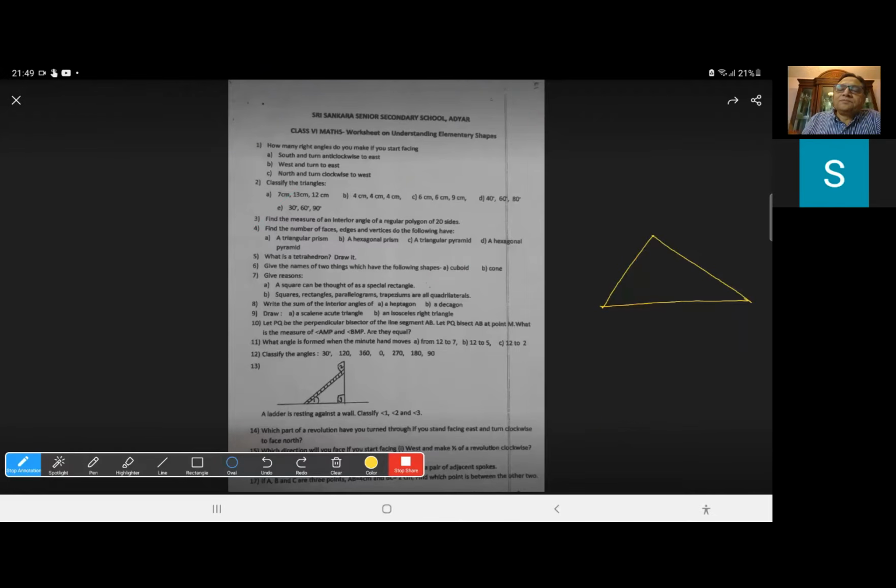Tetrahedron is a triangular pyramid. That is the triangular pyramid. This is the simplest 3D shape. Do you see that? That is tetrahedron.